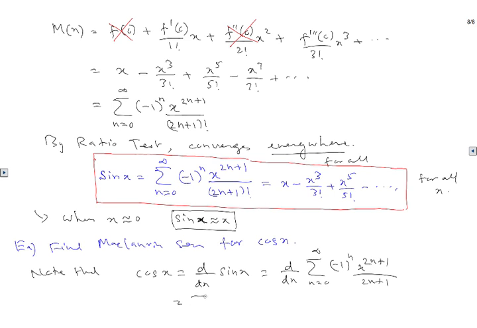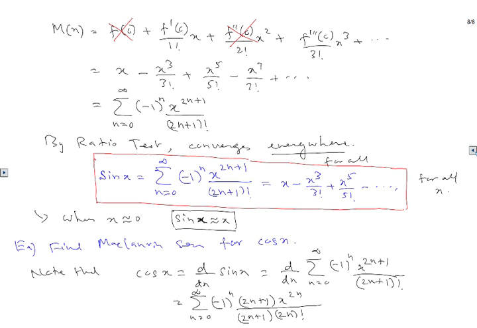So if you take the summation out and take the derivative of the inside function, what do you get? The derivative is 2n plus 1 times x to the 2n. On the bottom, I'm going to expand one of the terms and then leave the rest in factorial form.